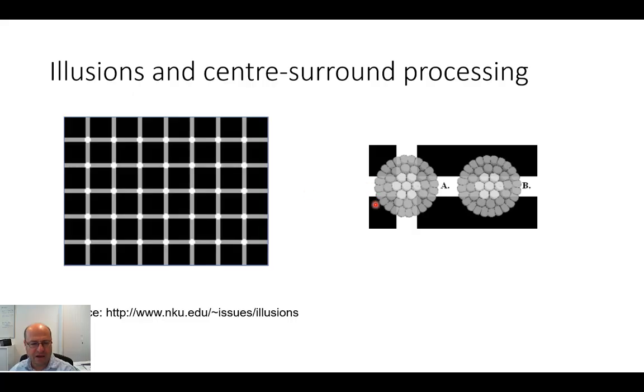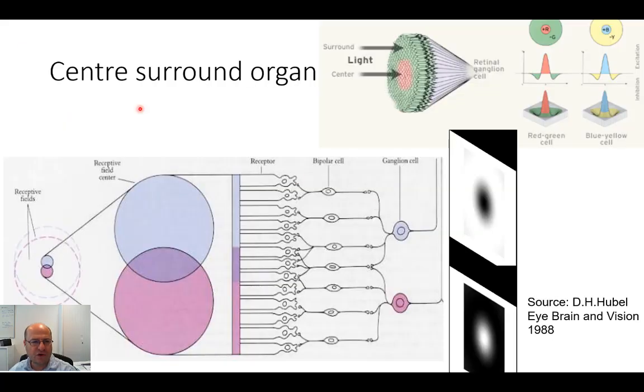Now, this is an effect called center-surround perception. We've seen in the previous part of this lecture that you have the receptive fields of your ganglion cells, and each ganglion cell is connected to a receptor or a bunch of receptors.